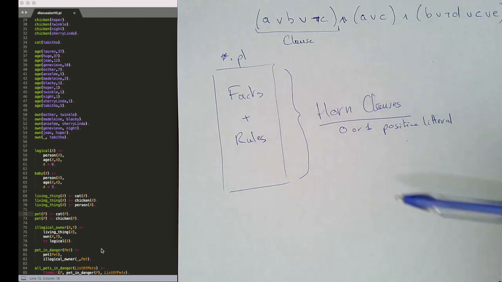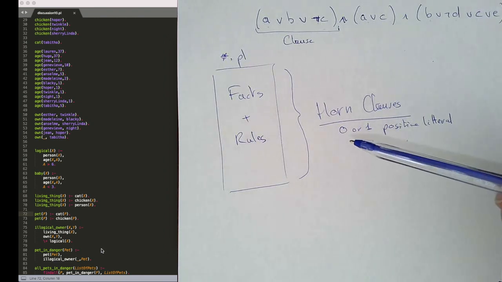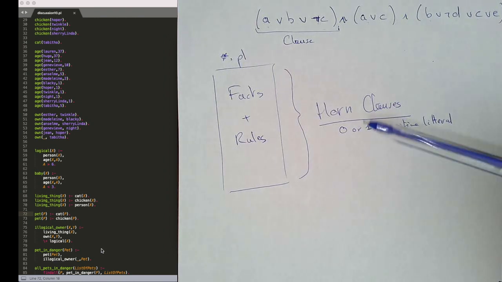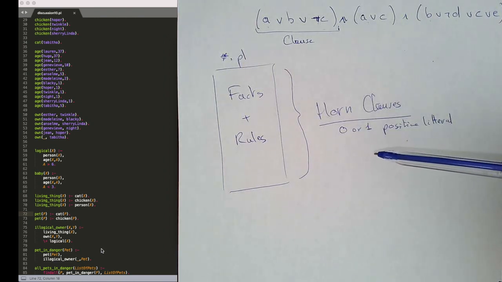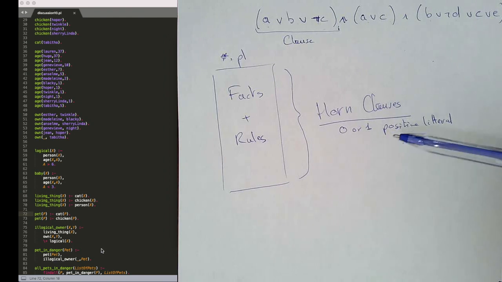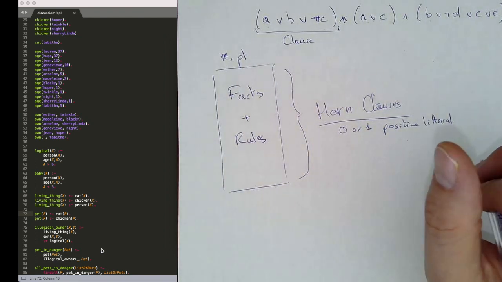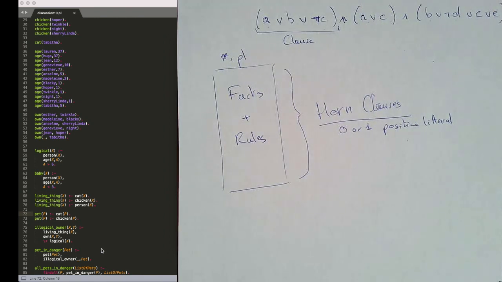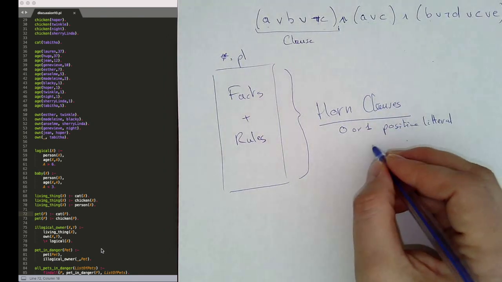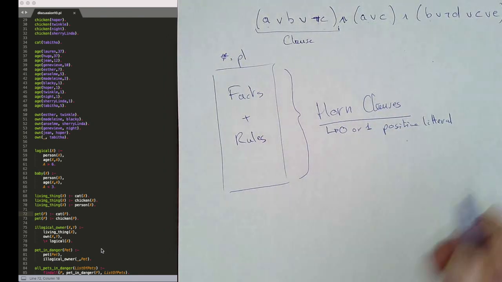That makes it such that we can have a linear algorithm to solve it, and therefore it's not exponential and not intractable. So the solution can always be found in a reasonable amount of time. So we can find a linear resolution process for the satisfiability problem. That's why we impose that condition, 0 or 1 positive literal. And we'll see a little bit more about that.